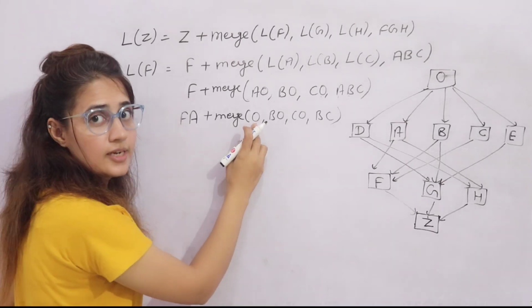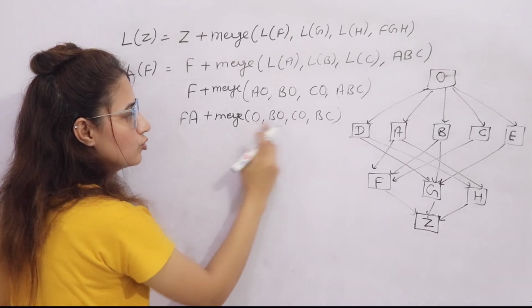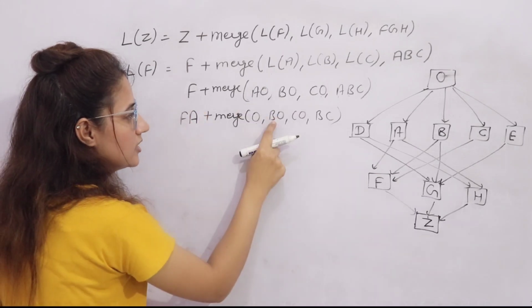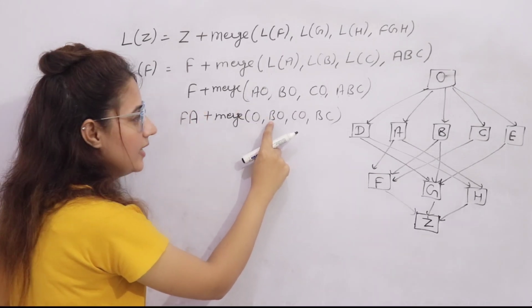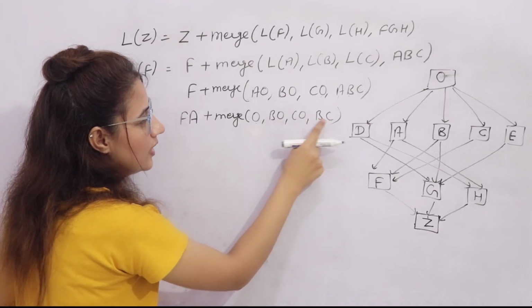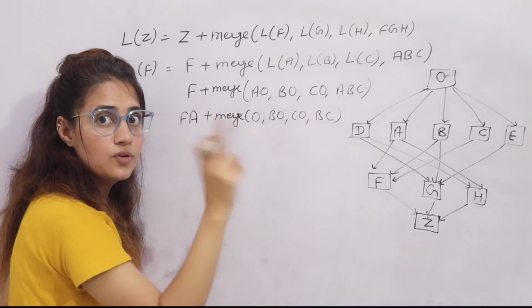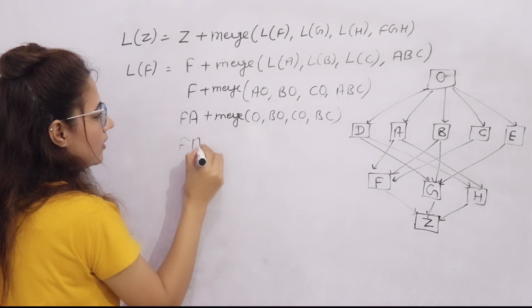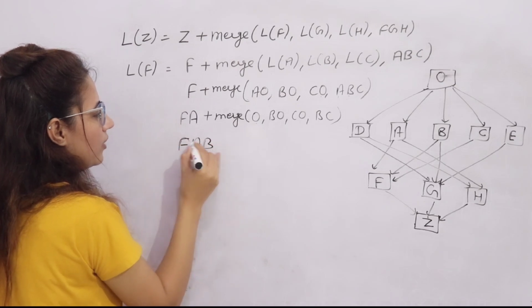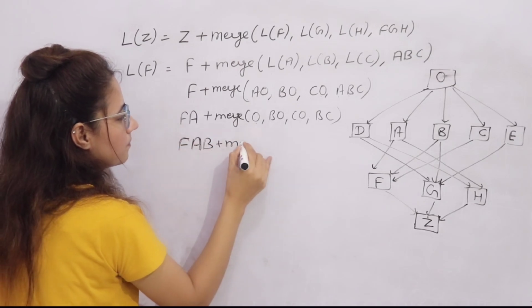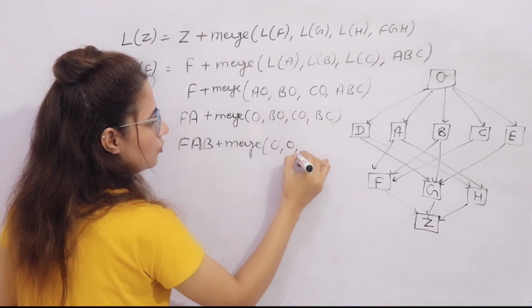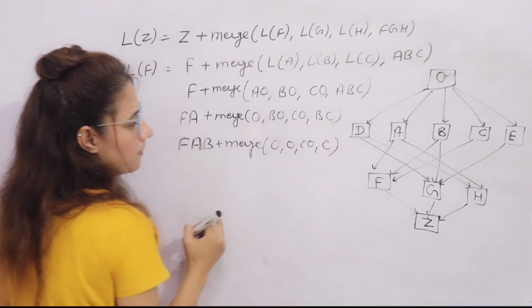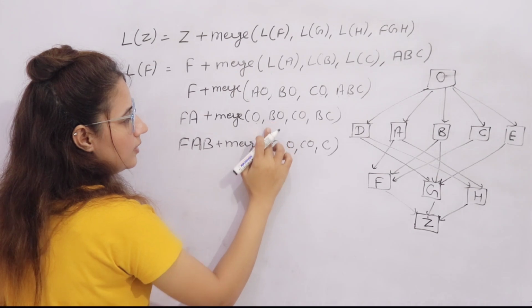Okay, now next is O. Check, is O present in the tail of another list? Yes, O is, so it is not a good head, so switch to the next list. First element is B, so mark it as head. Is it present in the tail of another list? No, so B is a good head. If it is a good head, just remove this and add it to the MRO, FAB plus, as well as remove this B from all the lists: O, C, O, C. B was done.